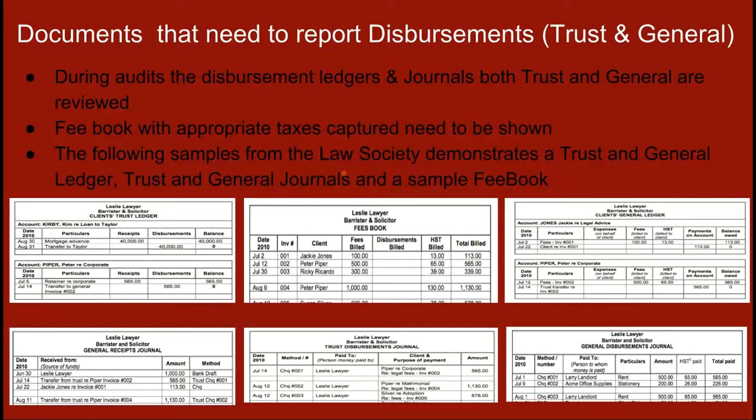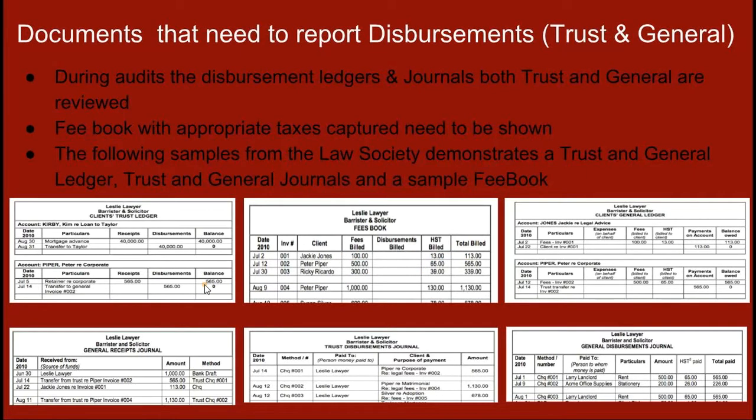Okay, so it's traditionally done over a period of a month, where law society auditors may ask you for your trust and general ledgers, your expense book, and your general journals for the month of October or November or something like that. So it's generally for a date range, which includes all the client information that had disbursements during that date range. Okay?